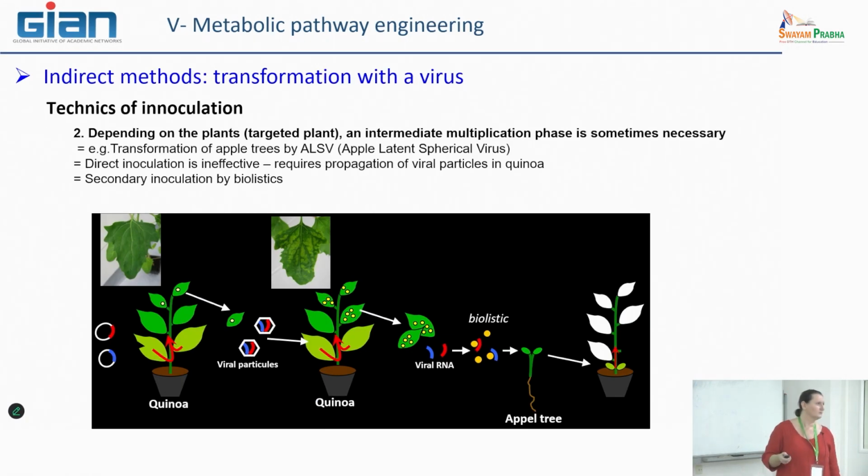We were interested, for example, in transforming apple trees, because apple trees are able to produce a large amount of different metabolites, including lots of polyphenolic compounds, in particular in the leaf.